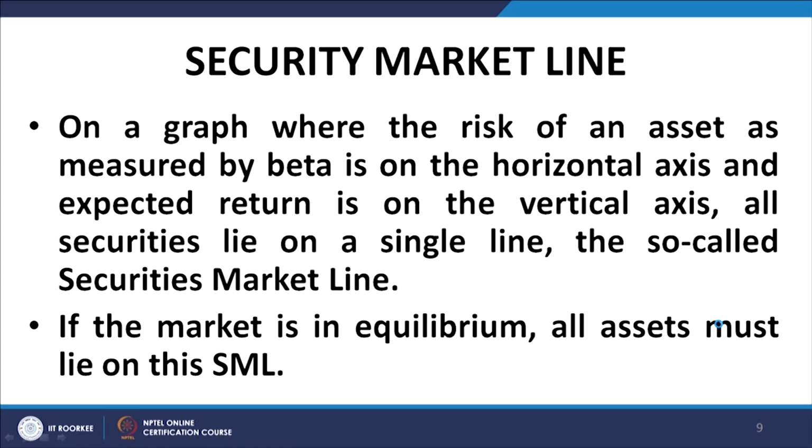So, if you plot a graph between beta representing risk, that is systematic risk representing the risk of the security or the portfolio along the x axis, and the expected return along the y axis, then the CAPM model guarantees that what you will get as a plot is a straight line, of course, with a slope of expected return on the market minus RF, the excess return on the market, and with a y intercept of RF.